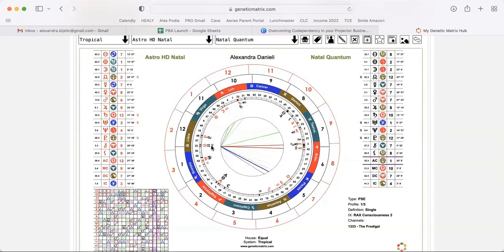So this is the sign that was rising on the horizon just when you were born. So this is pretty neat. And then you will know.